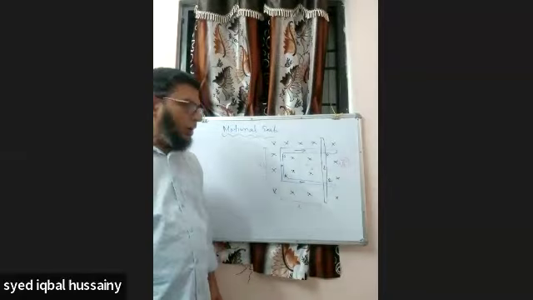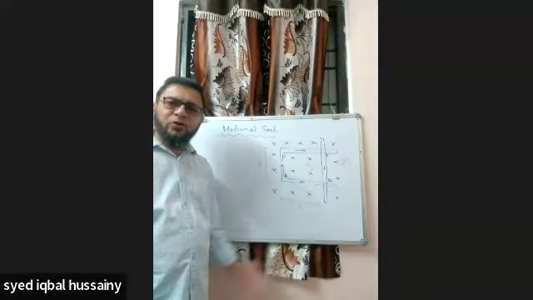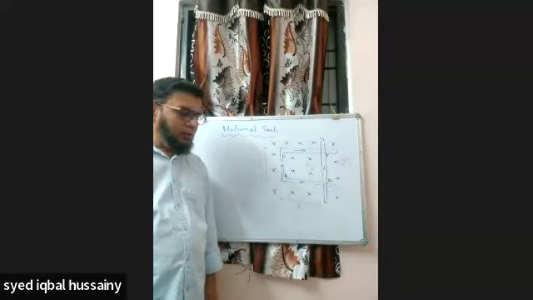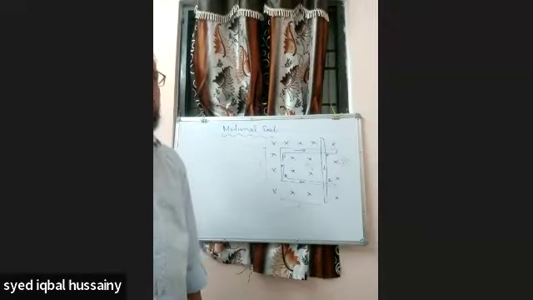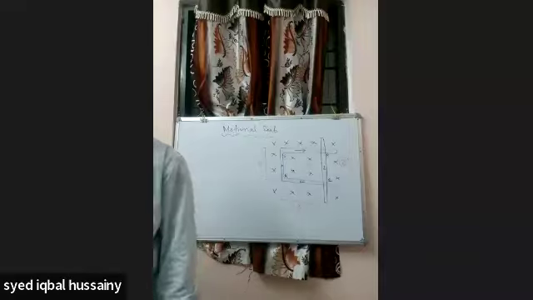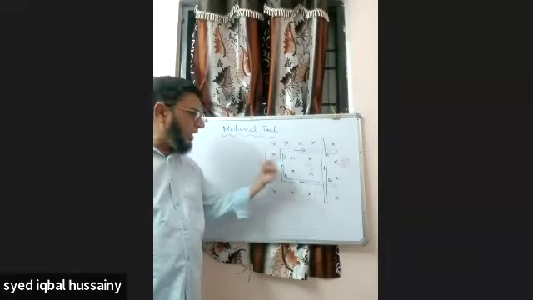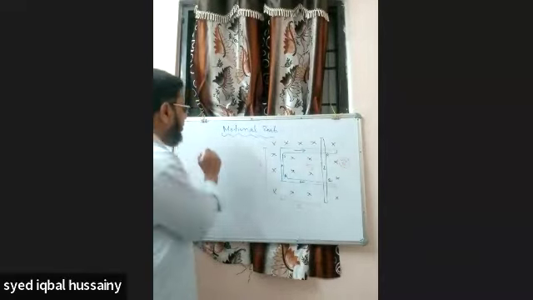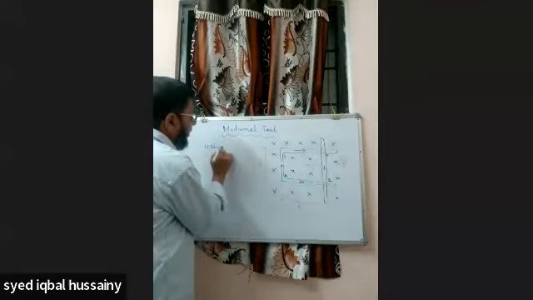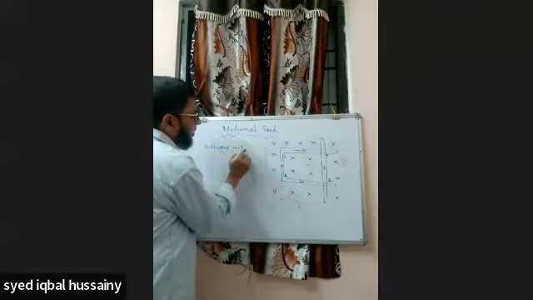Consider a conductor PQ of length L free to move in a U-shaped rail.